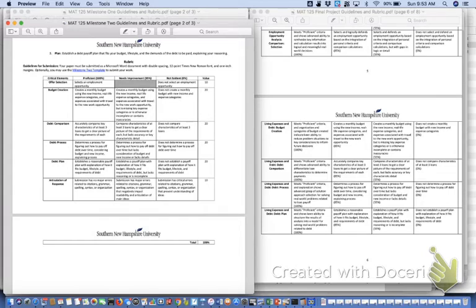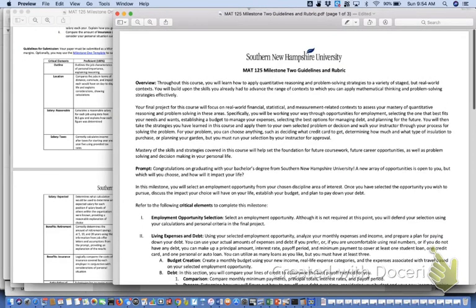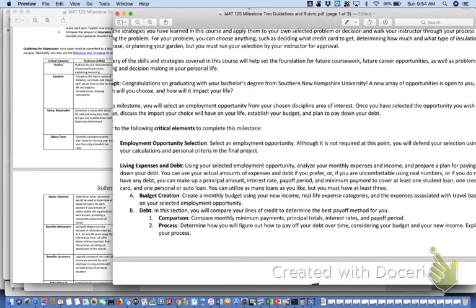Okay, in the milestone 2, and I'm actually going to make, this is the milestone 2 rubric. I'm going to make it a little bigger here so that you can see what I'm talking about. So it said here when you did milestone 2, there we go.